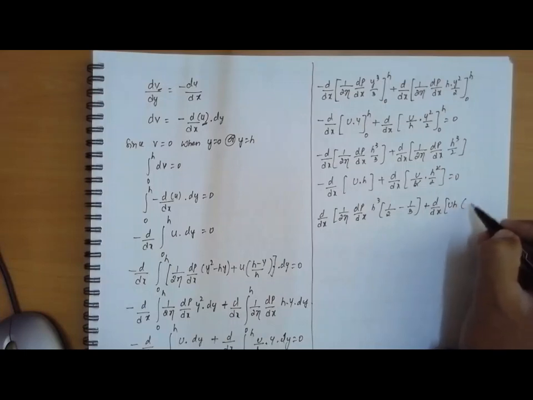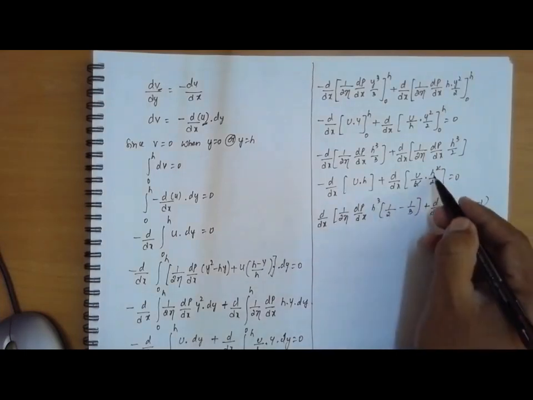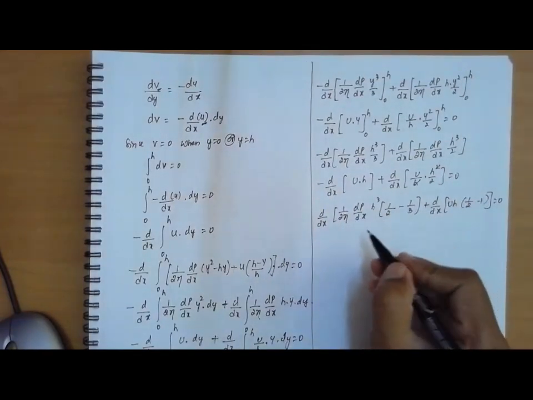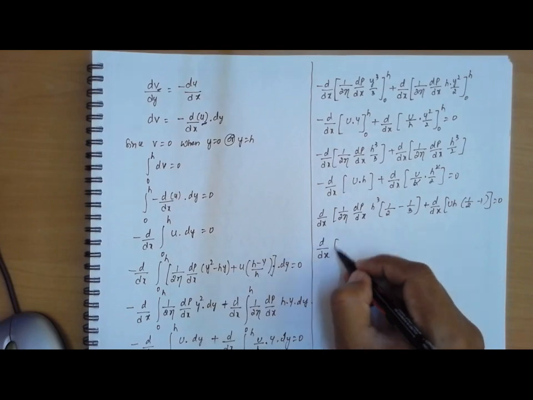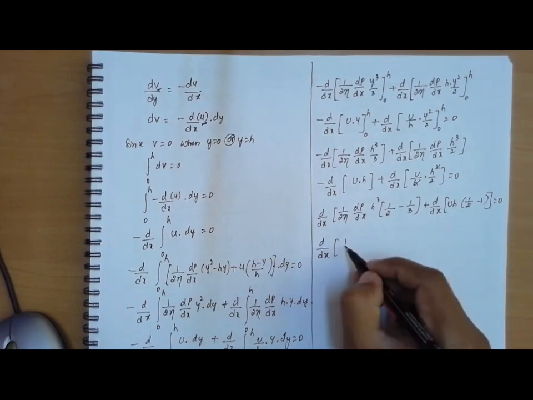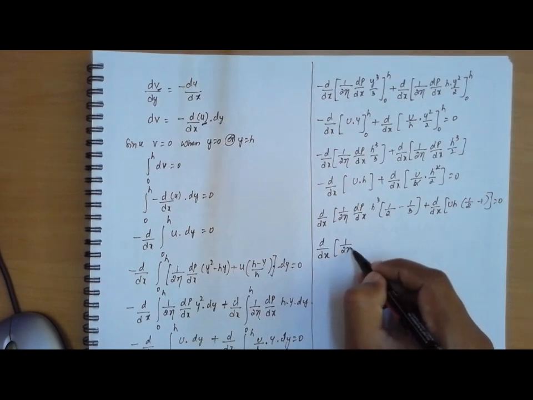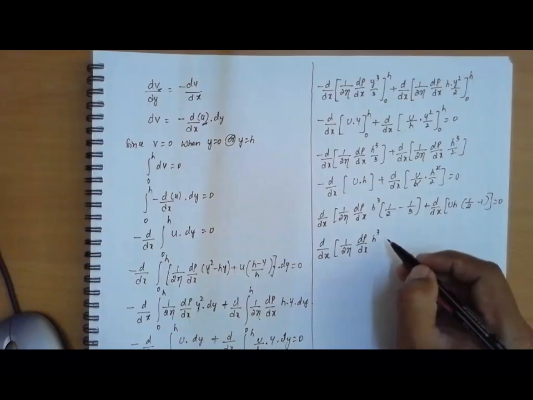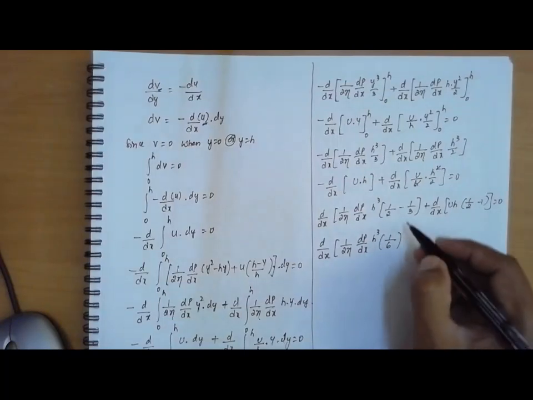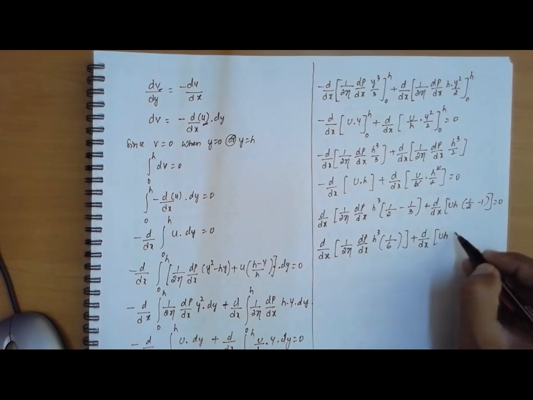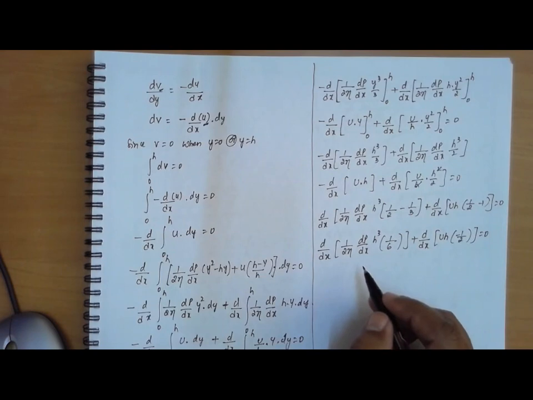If you take u into h as common, we have 1 over 2 minus 1, equated to 0. On simplification, d by dx of 1 over 2 eta dp by dx h cube, if you take the LCM and simplify, it will become 1 by 6, plus u into h times minus 1 over 2. We can equate this to 0.